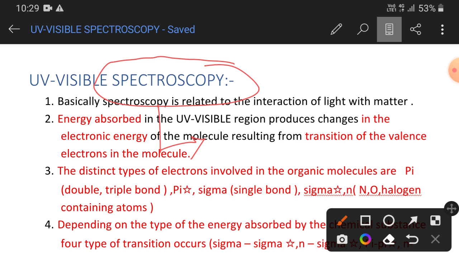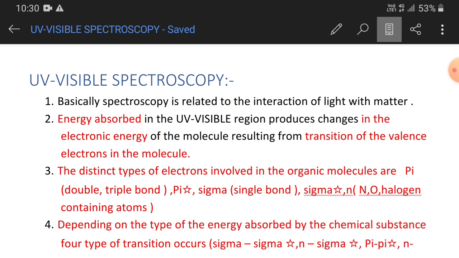So with the help of spectroscopy, by using an electromagnetic radiation, you can simply find out whether it is your compound A or not. Not only that, you can also find out the concentration of that compound. Okay, so how it is performed, let's see.